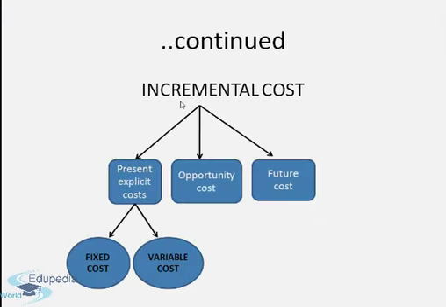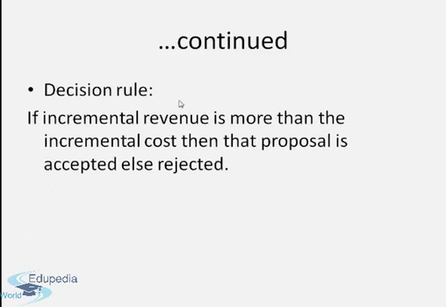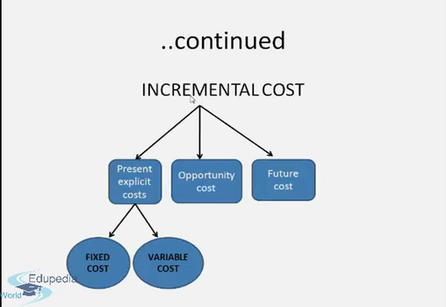Now, incremental cost, as we have studied, is divided into three parts. First is present explicit cost. The present explicit cost can again be divided into two parts, that is fixed cost and variable cost. The fixed cost is the cost of plant and building. The variable cost includes cost of direct labor, material and overheads like electricity and indirect labor.